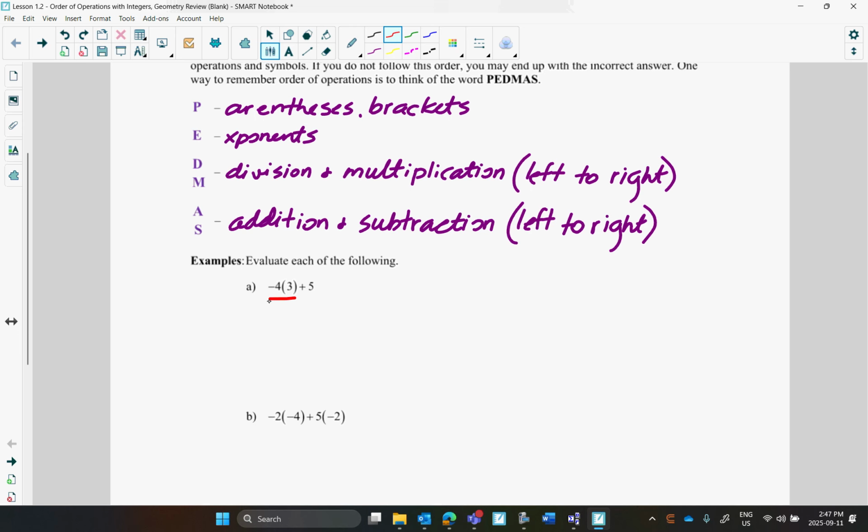This has got to go first. And what is -4 times 3? -12, and I have +5. Only thing left to do is the adding. What is -12 plus 5? -7, and we are done.